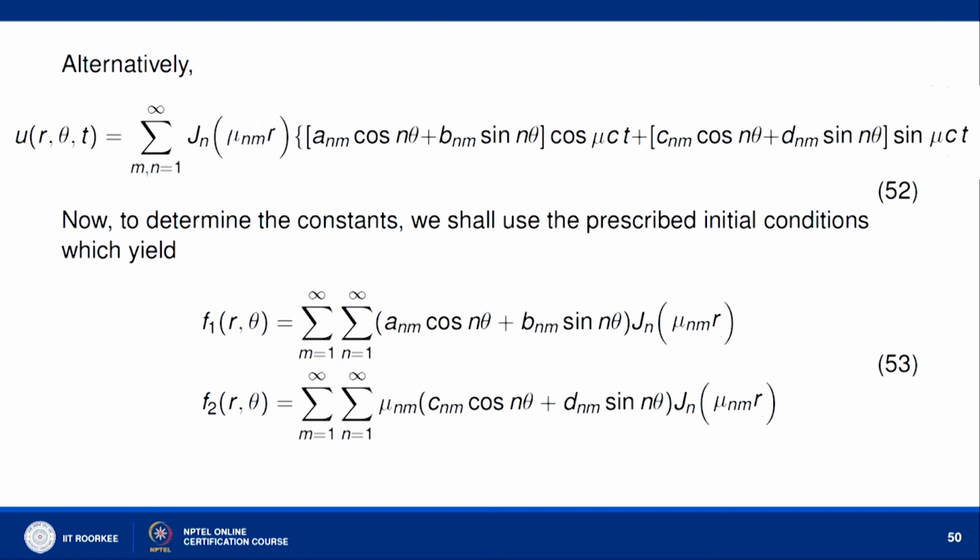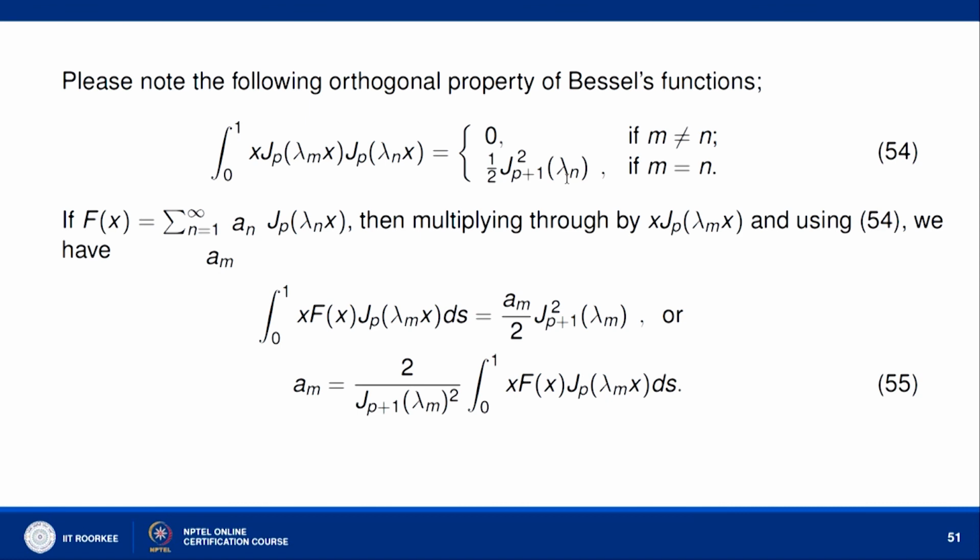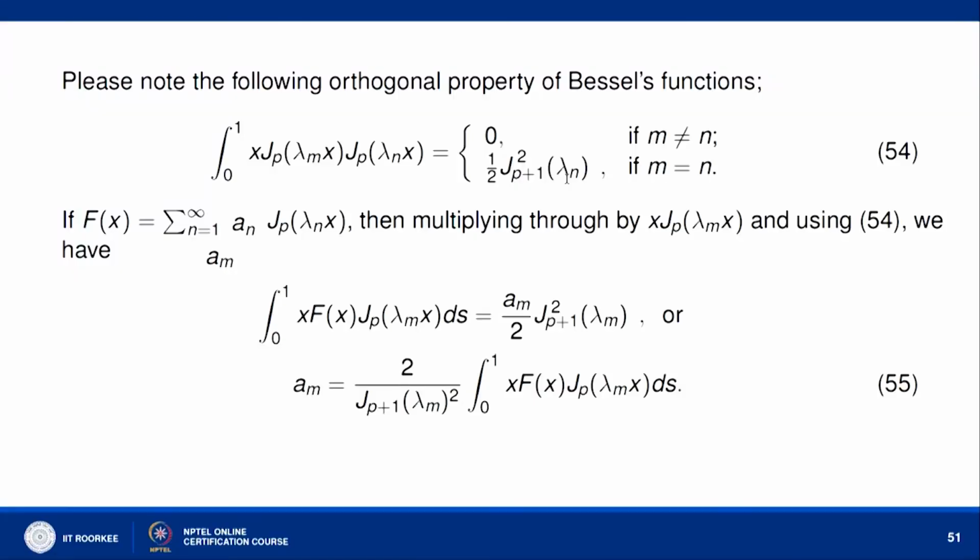So to find a_nm and b_nm we use the orthogonality condition of Bessel's function and the orthogonality condition of cosine and sine functions. So here please note the following orthogonal property of Bessel's function. The integral from 0 to 1 of x J_p(lambda_m x) J_p(lambda_n x) dx is equal to 0 when m is not equal to n, where lambda_m and lambda_n are zeros of J_p. So the orthogonal property is given in terms of zeros of Bessel's equation of pth order, with x as the weight function.